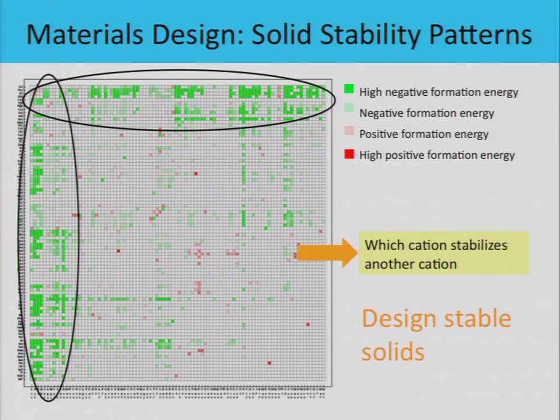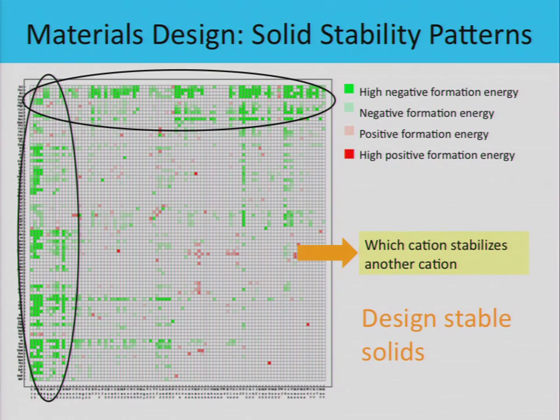What do you learn by these sort of data mining? What do you learn by looking at lots of data? Well, one thing that we learned is how to design stable solids with very high energy density. They were looking for things, well, I want nickel 4+, I want manganese 5+, 6+, I want bismuth 5+. These things are very hard to stabilize in an oxide. They tend to, in binaries, they fall apart. They don't like that.